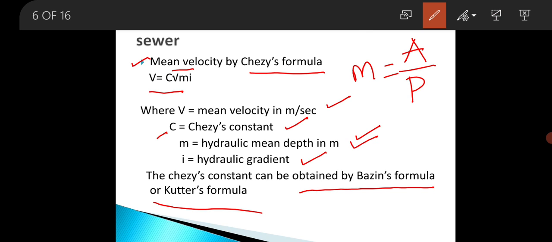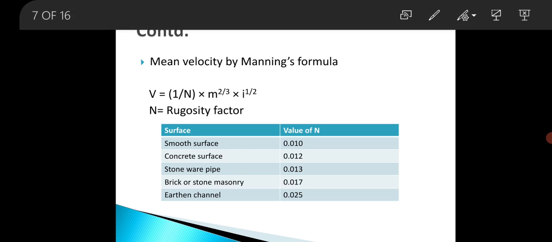Next, we will move to the next formula for finding the mean velocity, that is Manning's formula. By Manning's formula, V equals 1 by N into M to the power 2 by 3 into I to the power 1 by 2. Here also M is the hydraulic mean depth, I is the hydraulic gradient, and N is the rugosity factor.